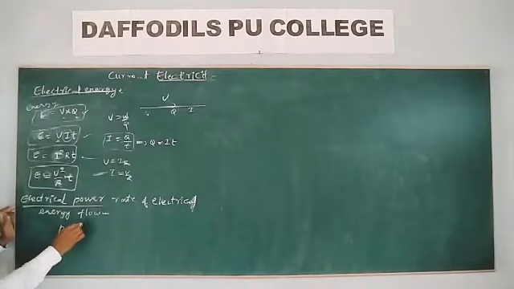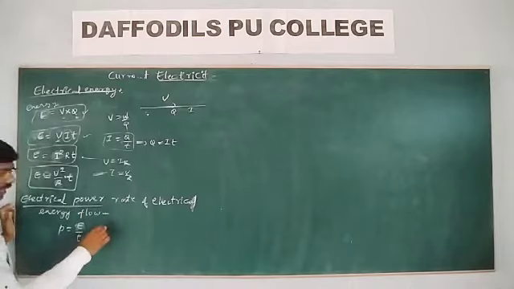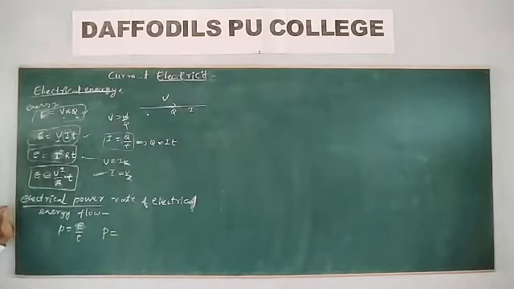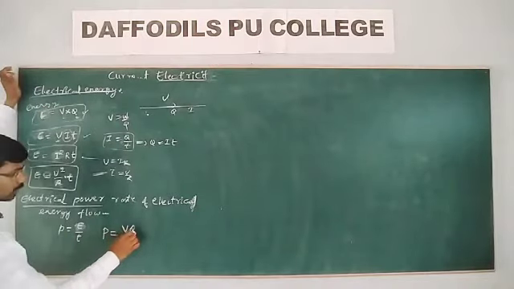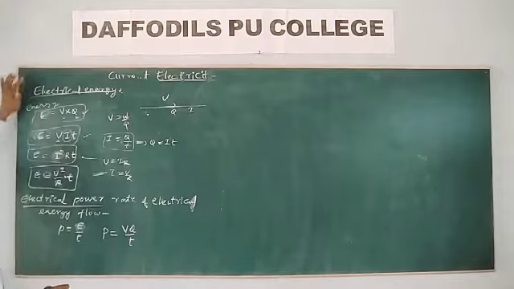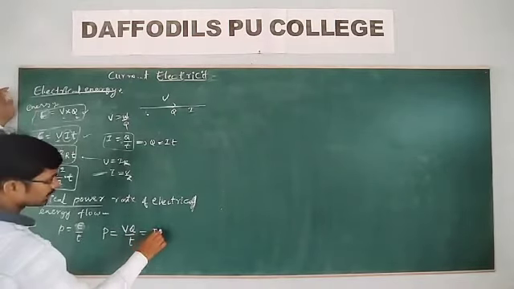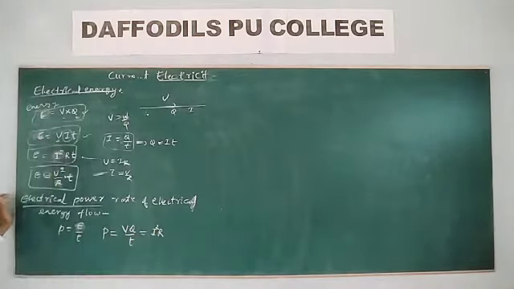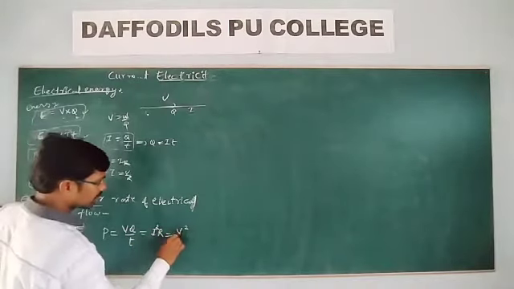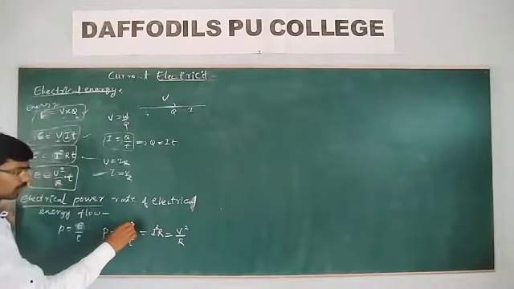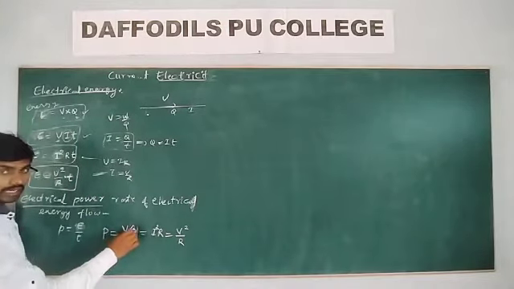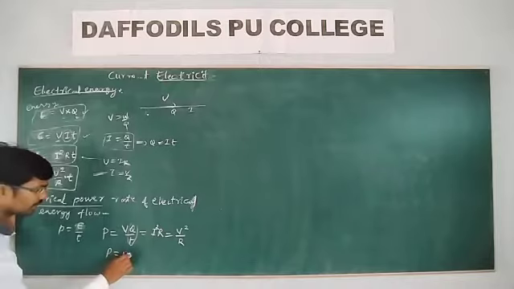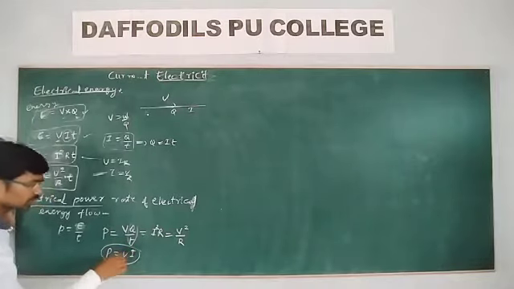Then power is equal to energy by time. Therefore, the expression for electrical power is P is equal to VQ by T. But remember, Q by T is the rate of flow of charge, which is nothing but current. So P is equal to V into I.